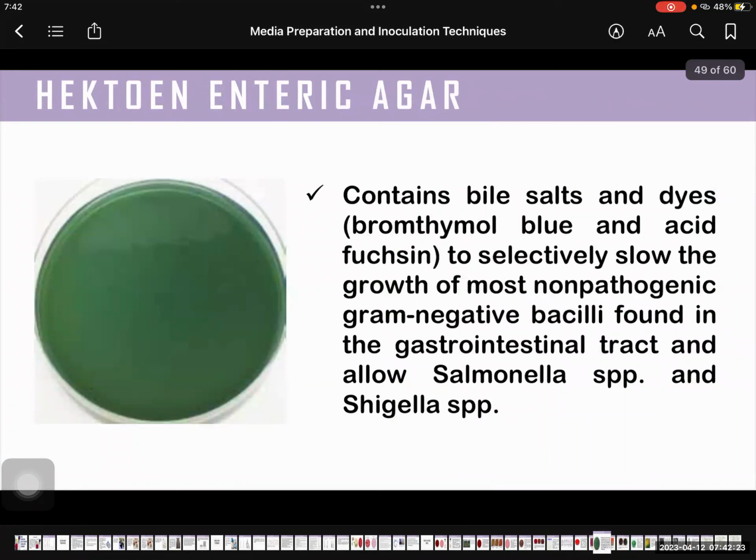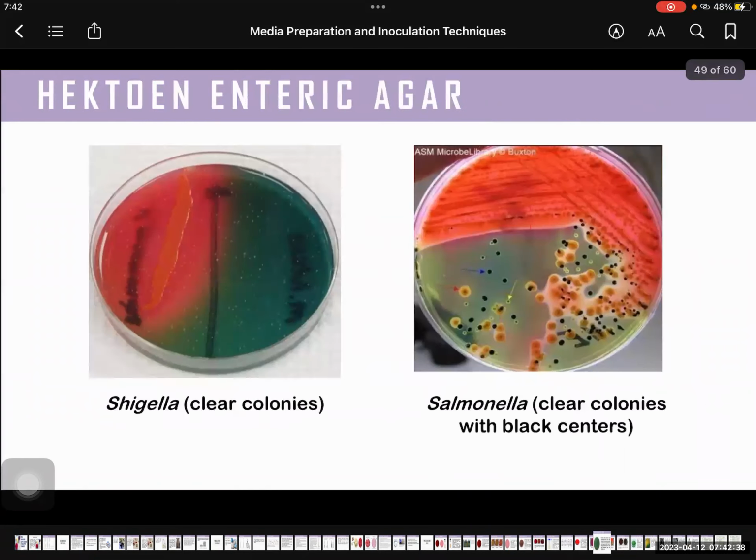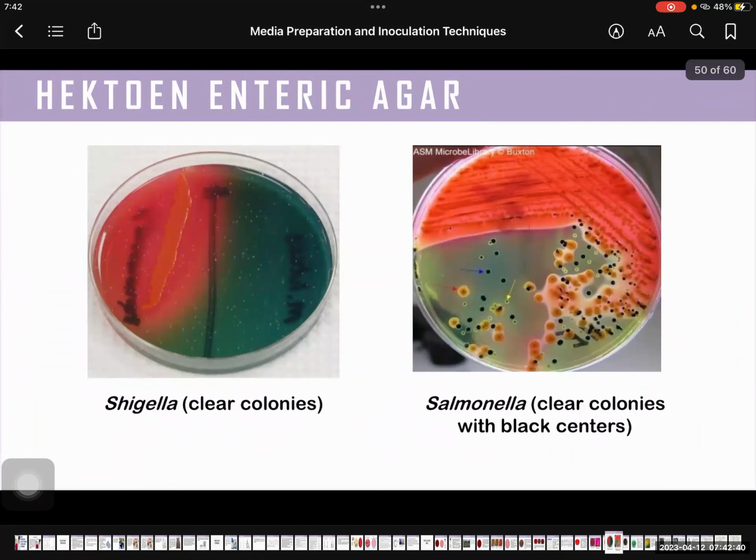Another one, we also have Hektoen enteric agar, and this is also used for the differentiation of Salmonella and Shigella. So it uses bromthymol blue and acid fuchsin as its color indicator. How about for Hektoen enteric agar? Ang difference naman, pwedeng mag-change yung color from green to red depending on your ability to ferment lactose again.